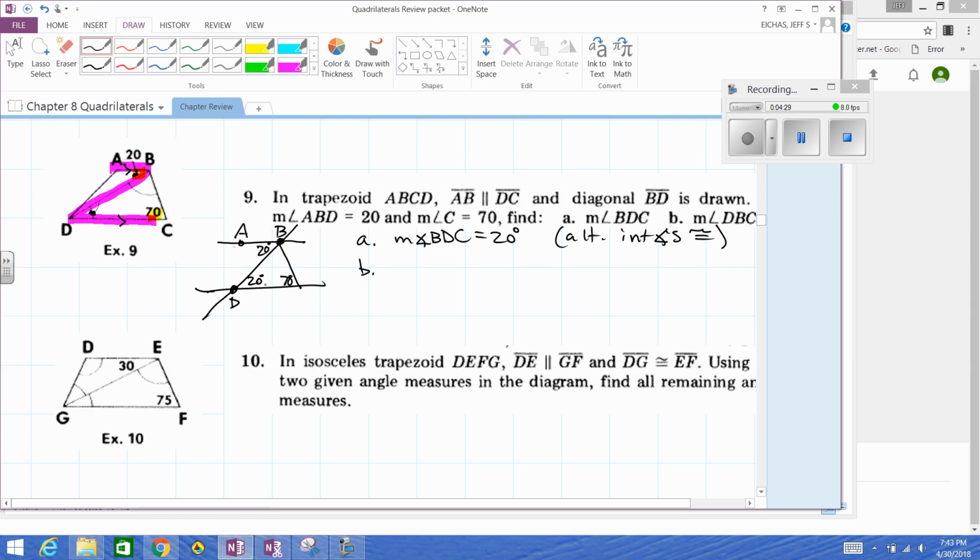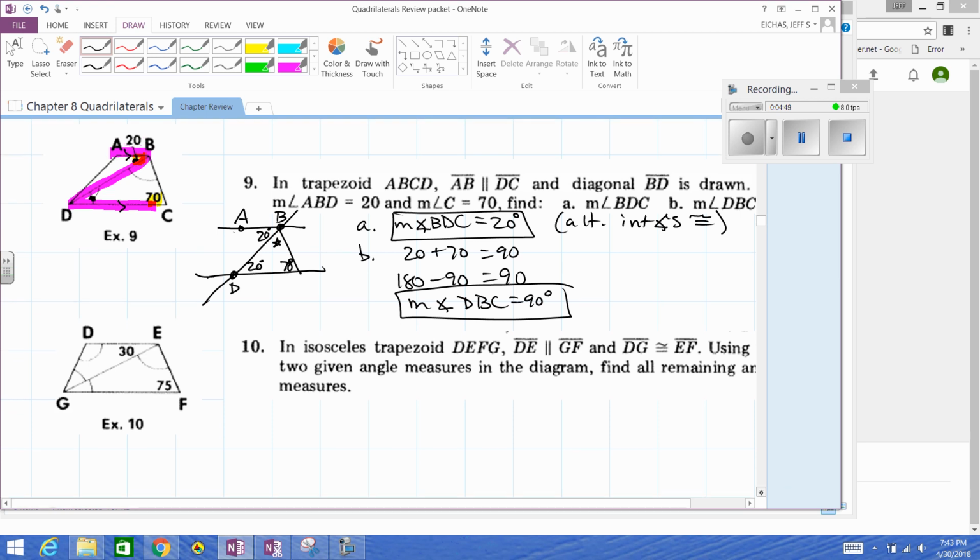So focusing on that, we want that one. So we're going to say 20 plus 70 is 90. 180 minus 90 is 90. So then we get the measure of angle DBC is 90 degrees. So there it is.